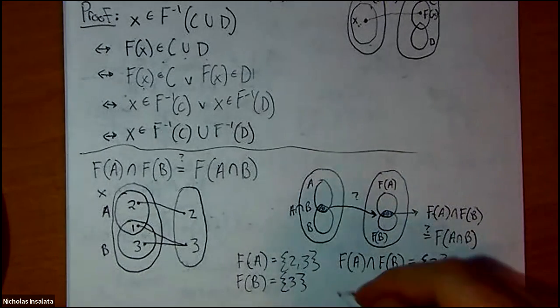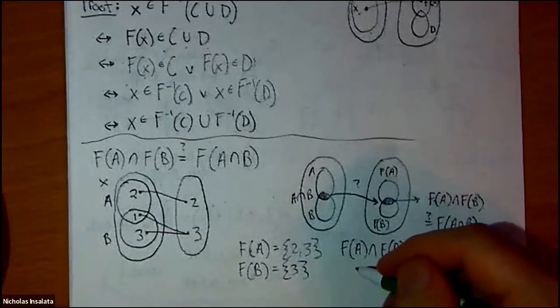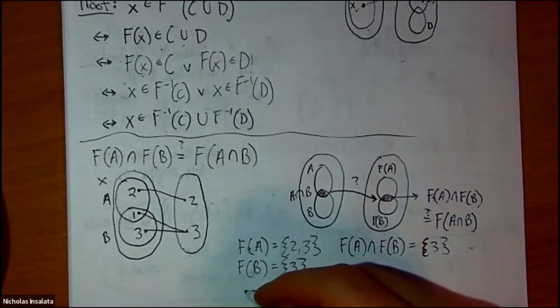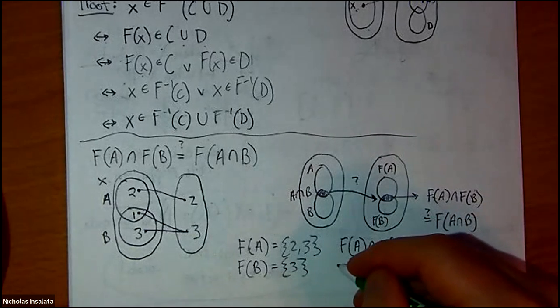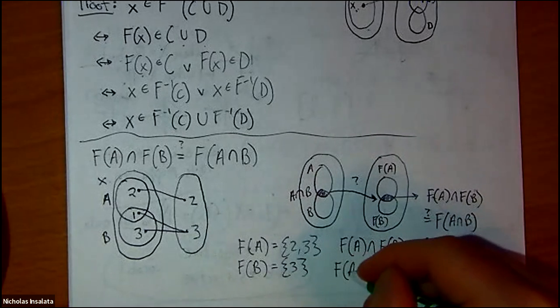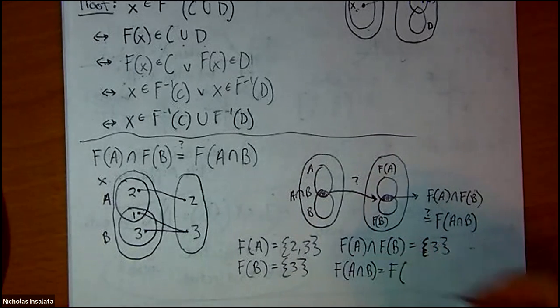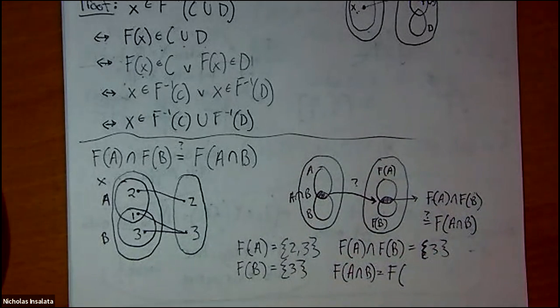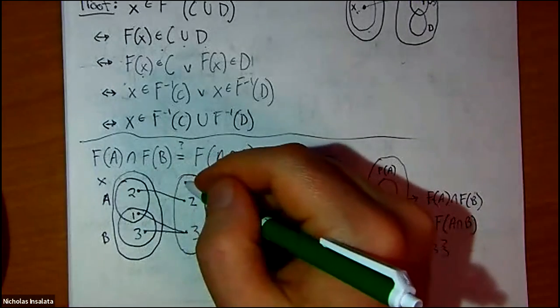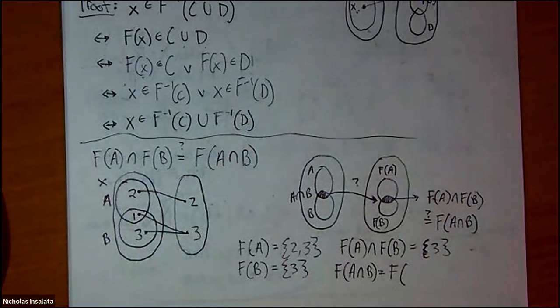Okay, so how about A intersect B, what is A intersect B? Oh, you have 2 being shared instead of 1. Does that make a difference? I might have to redraw. But you think this works as well? Okay, so it works either way.